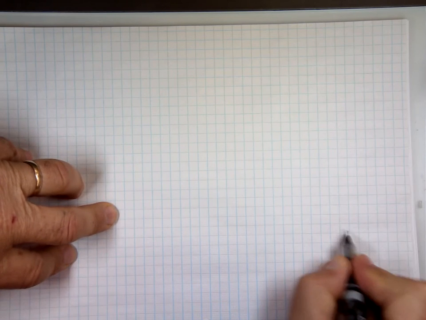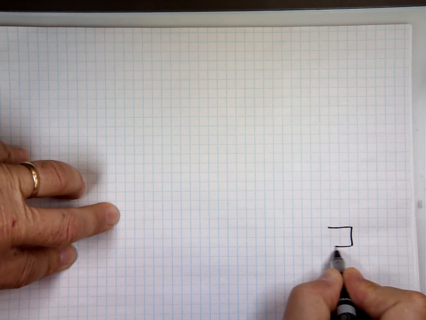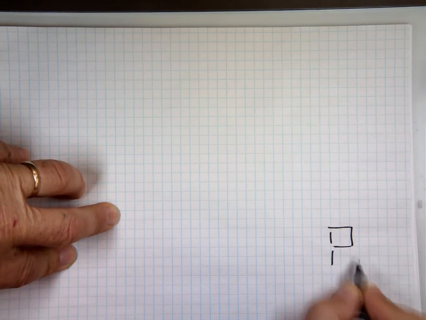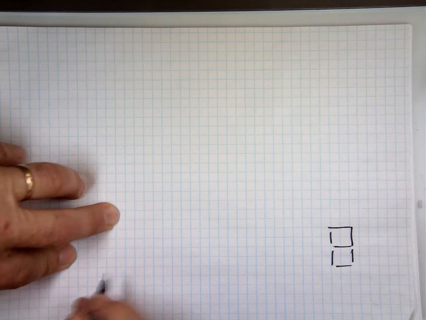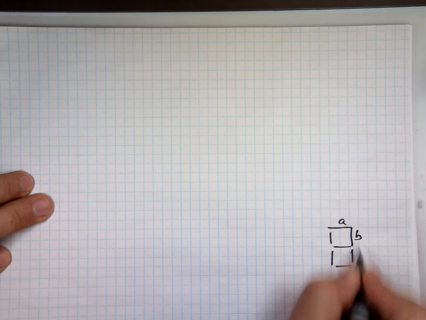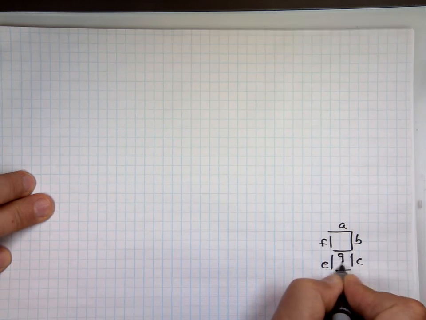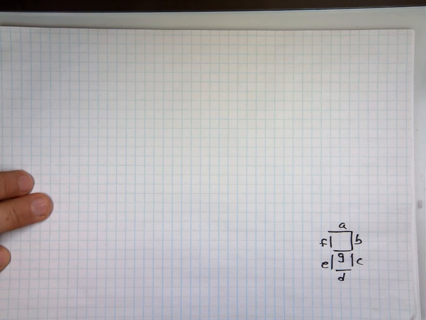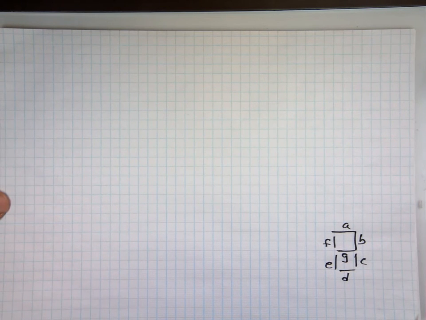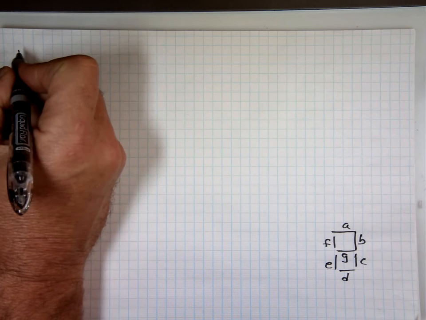This is the 7-segment LED. It looks like this. And that thing was labeled A, B, C, D, E, F, and G. So here I have 4 inputs. What am I going to call my inputs?